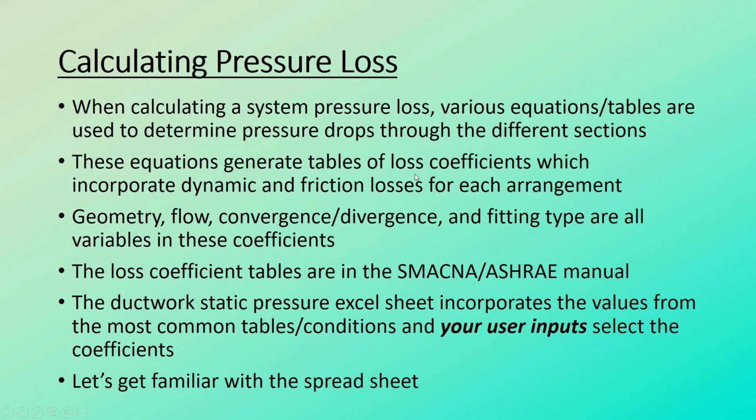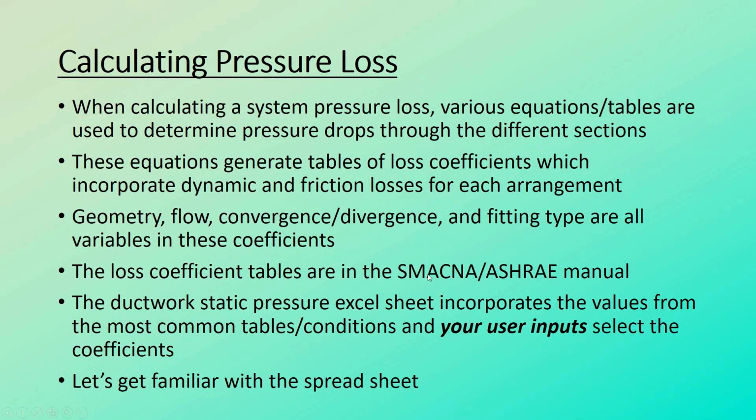So when we want to calculate pressure loss, there are a lot of equations and tables to determine the pressure drops through different sections. These tables and coefficients incorporate the dynamic and friction losses that we just talked about. It's very important to have the geometry, flow, convergence and divergence, and fitting type right in these calculations, because these coefficients are based on that.